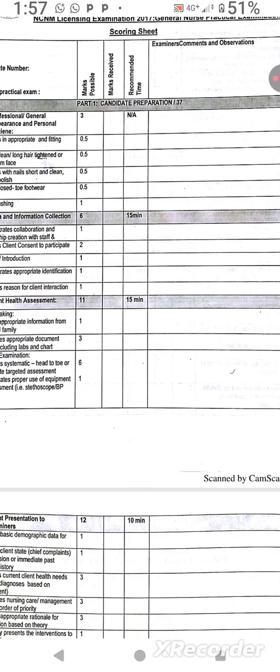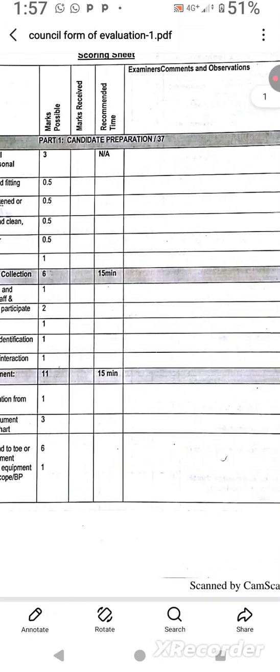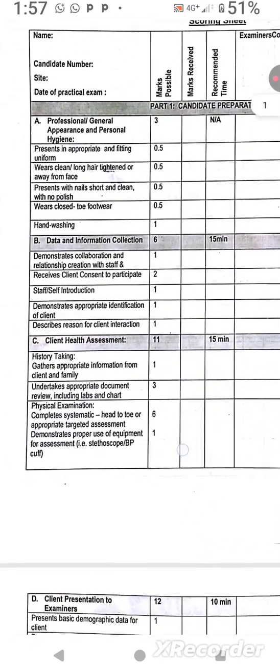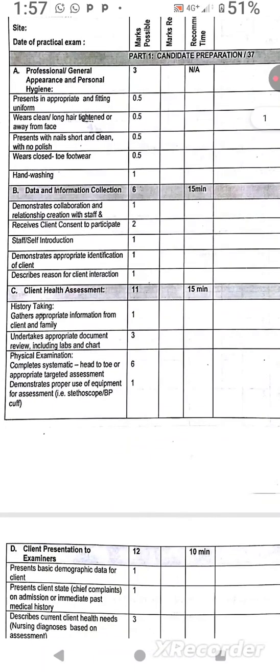Candidate preparation is out of 57 marks. The first is the professional general appearance and personal hygiene, a total of 3 marks. You must present in appropriate and fitting uniform.